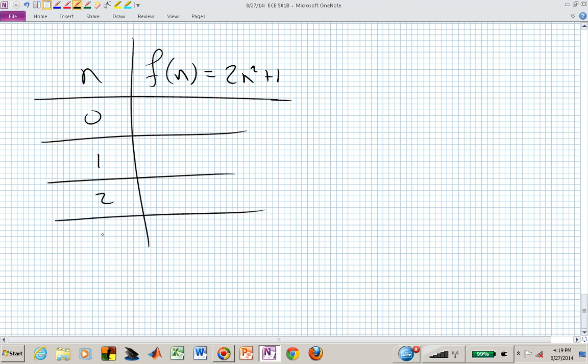And then that is no longer finite dimensional, is it? But if we looked at some of these, at n equals 0, it's 1. At n equal 1, it's 3. At n equal 2, it's 9. At n equal 3, n equal 4.